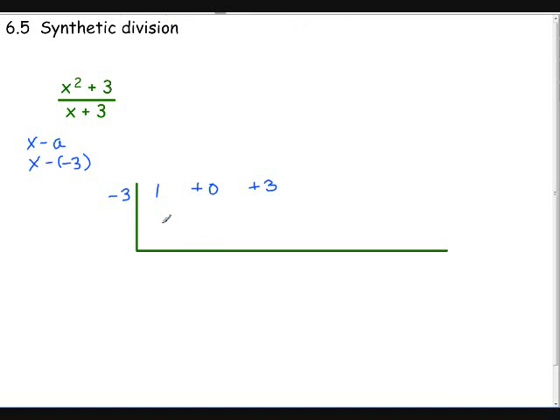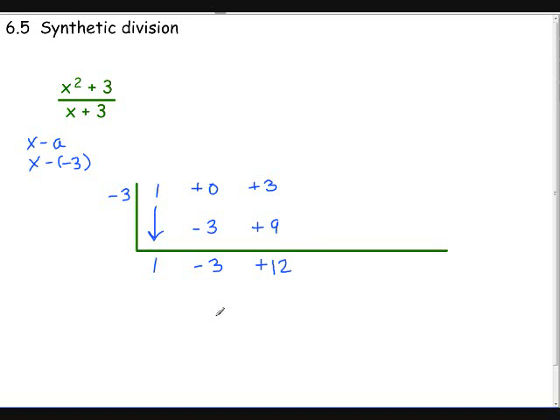Okay. What do we do first? We can't do any calculations until we bring down a leading coefficient. Now we're ready to multiply. Then we add. Then we multiply. And then we add.